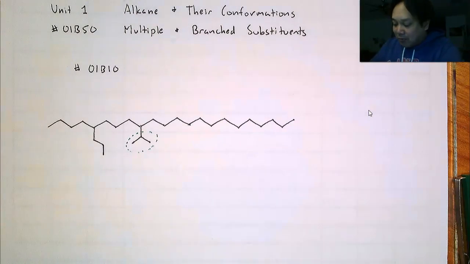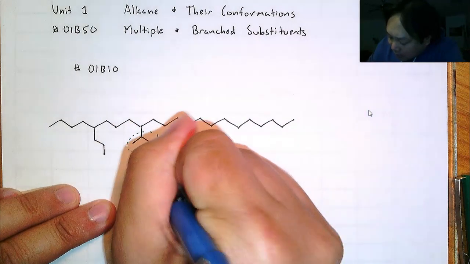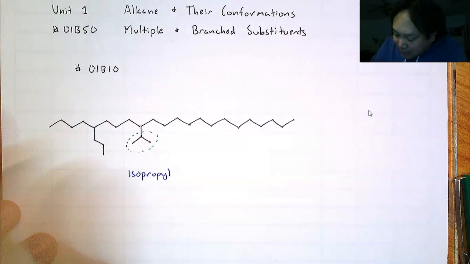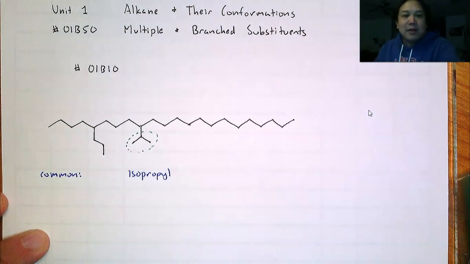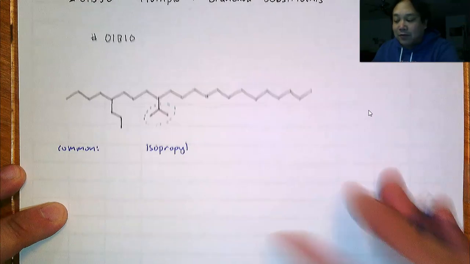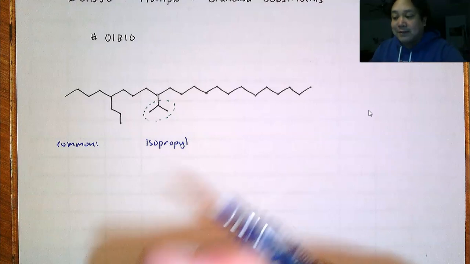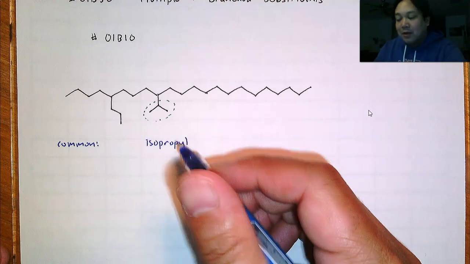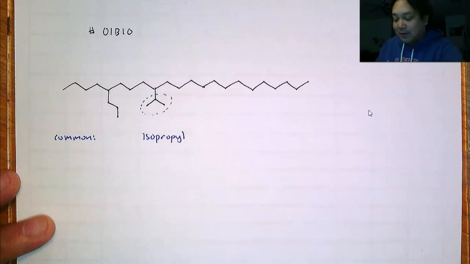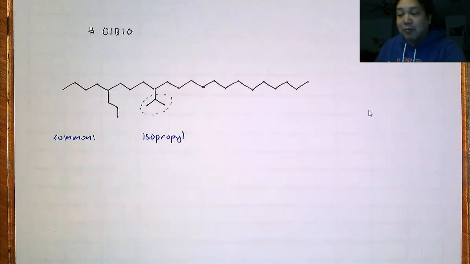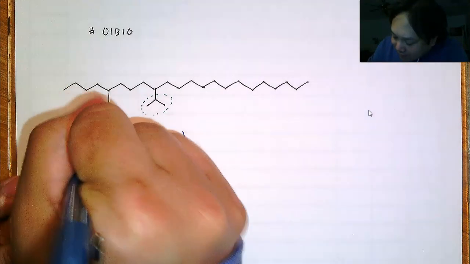We call this isopropyl, and I'm going to claim that this is a common name, not technically an IUPAC name, the official name. For my class, if a molecule has an isopropyl group and you use the term isopropyl to name that group, that's perfectly fine. It's a proper name, but technically it's not the IUPAC name.